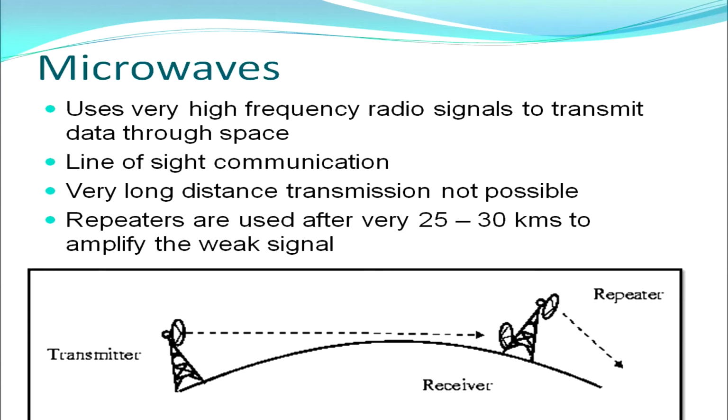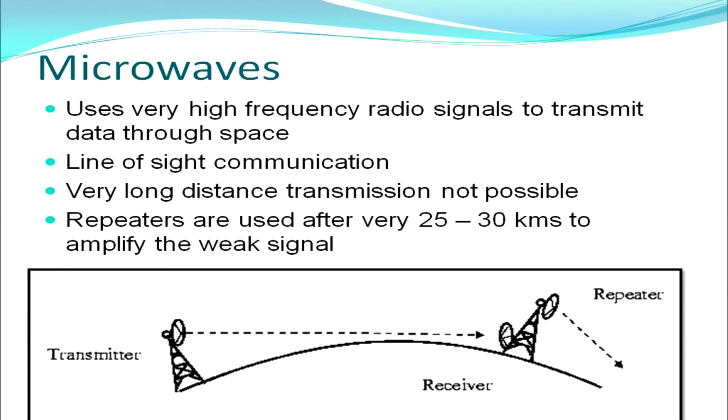This type of transmission, as you can see in the picture also, is line of sight communication. That means the transmitter and repeater should be in line of sight. There should be no hindrance between those two. If there is, then transmission will not be possible.